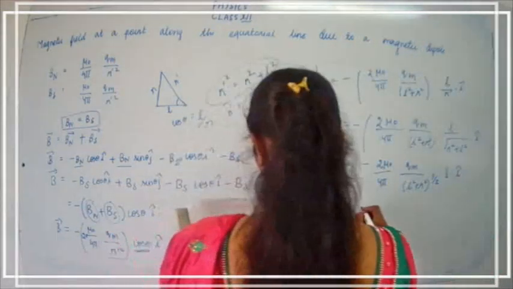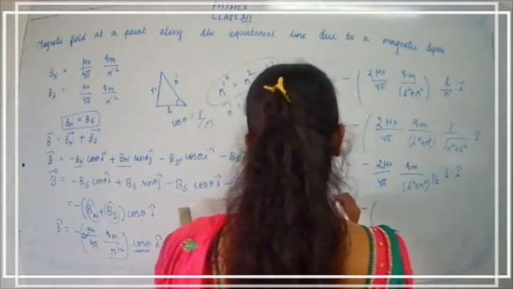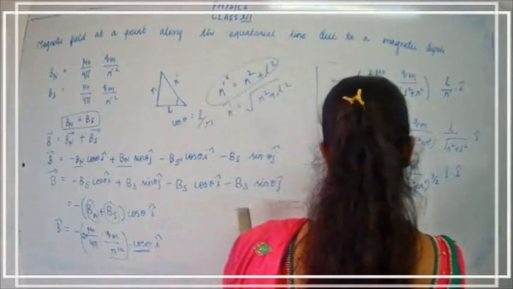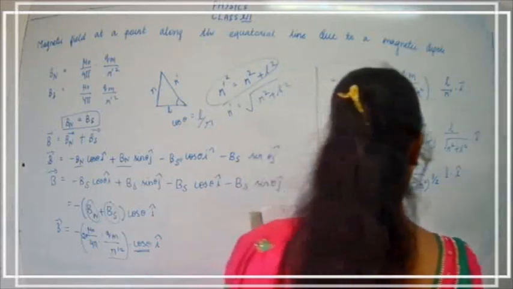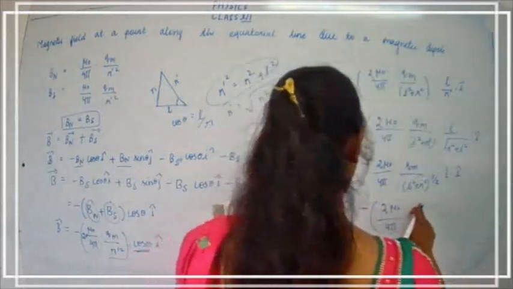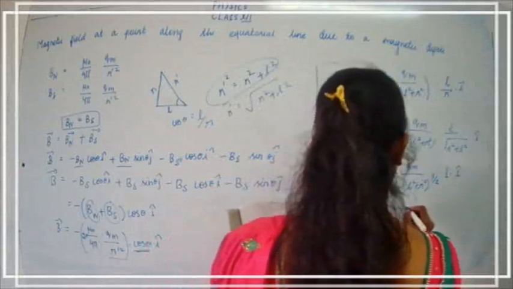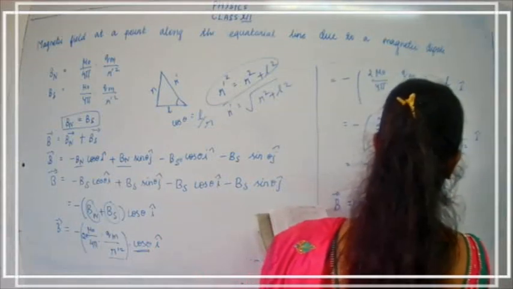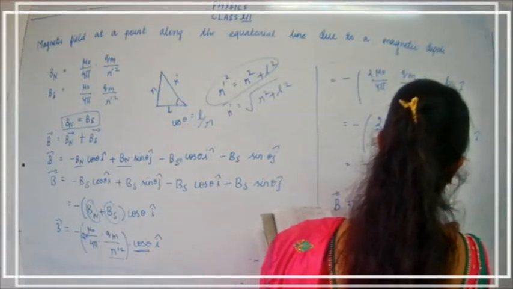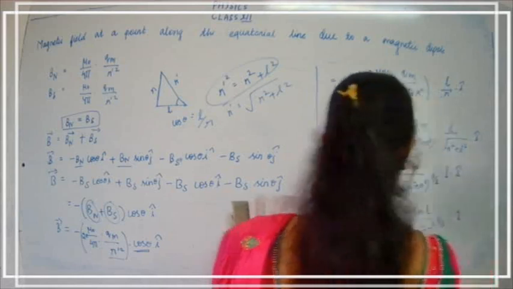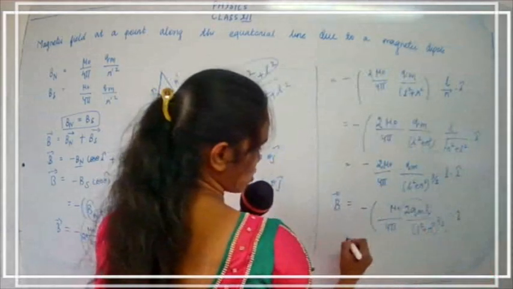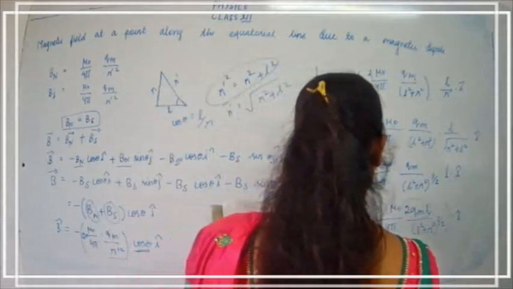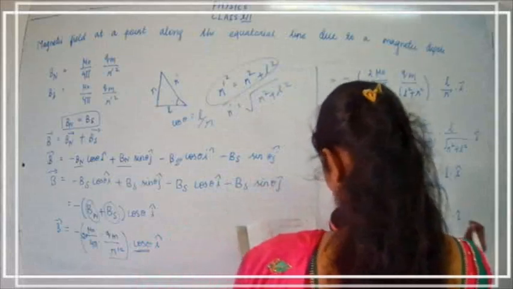So B vector equal to minus 2 mu naught by 4 pi, 2 Qm L by L square plus r square power 3 by 2 into I cap. We already know that 2 Qm L is Pm, so Pm equal to Qm into 2L. Substitute it there.